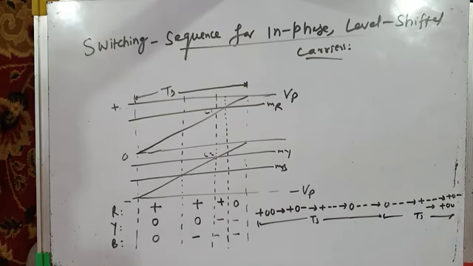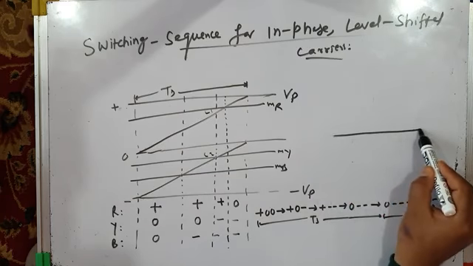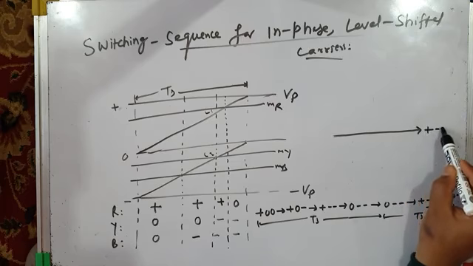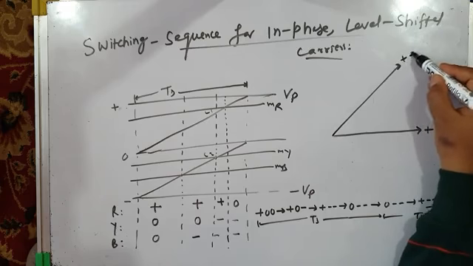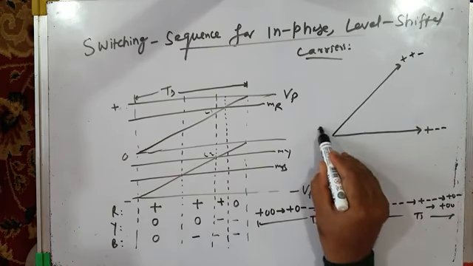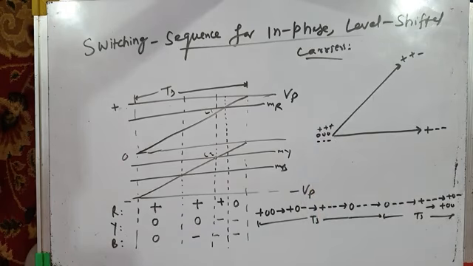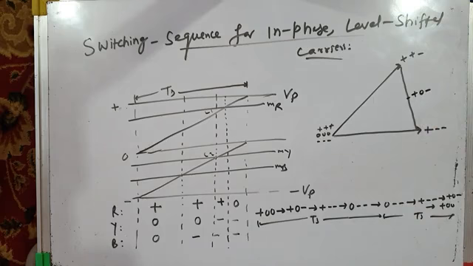Let us see it from the space vector diagram. Okay, our space vector diagram in sector 1 would be like this. यह आपका space voltage vector with switching sequence plus minus minus है. ये space voltage vector है plus plus minus. ये है plus plus plus, 0 0 0, minus minus minus null vector. And this is your plus 0 minus space voltage vector.